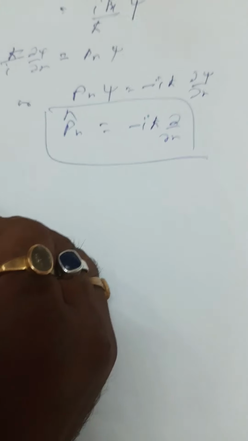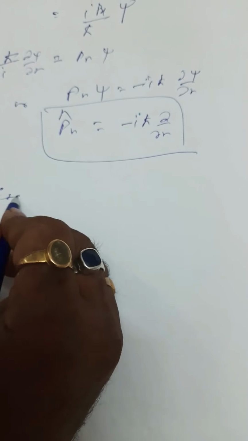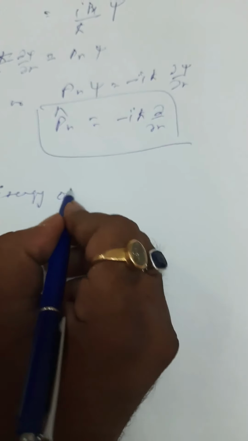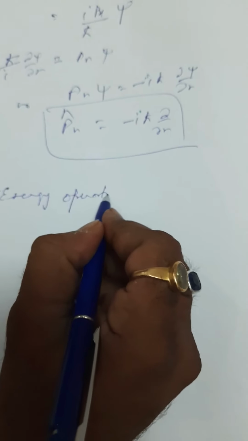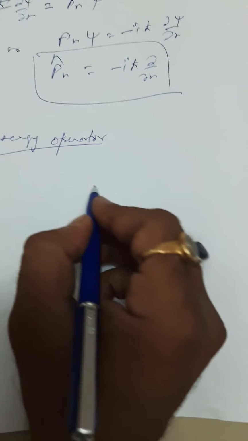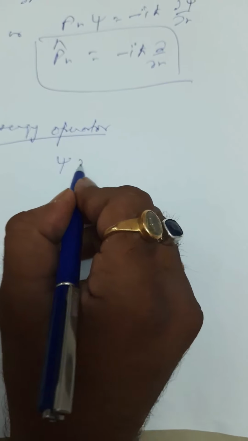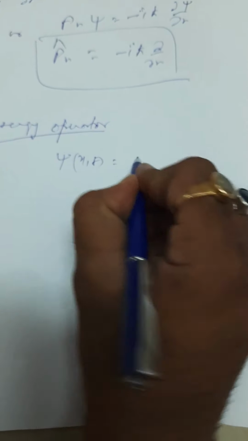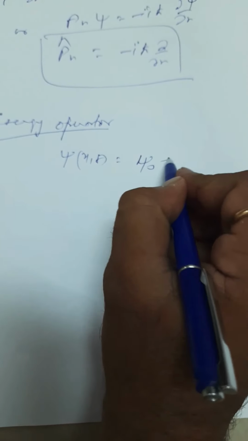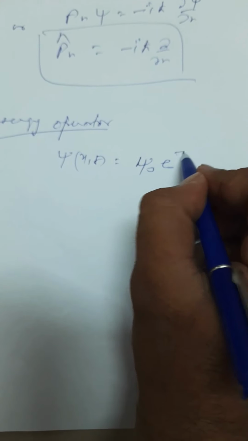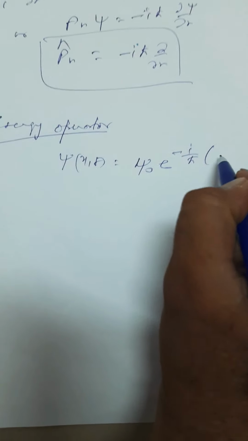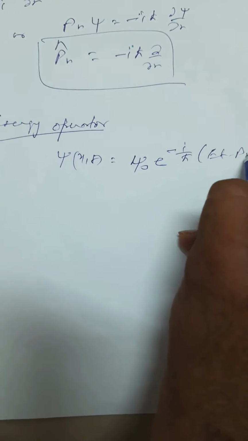Further moving ahead, we'll talk about the energy operator. In this case we'll talk about the Hamiltonian, that is the time dependent form. So again we'll take the same function psi as a function of x comma t equal to psi naught e to the power minus i by h cross (Et minus px).